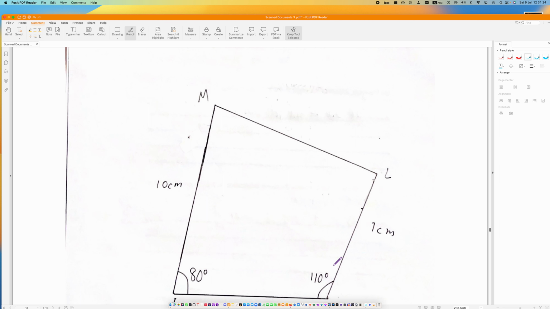Did you move it? Okay, good. Label JK first. Good, nice. No need to do so many times. Okay, JK, then KL is 7. JM is 10.